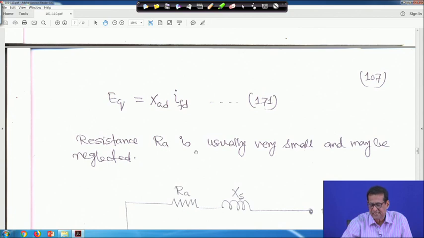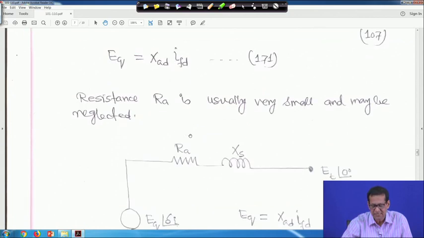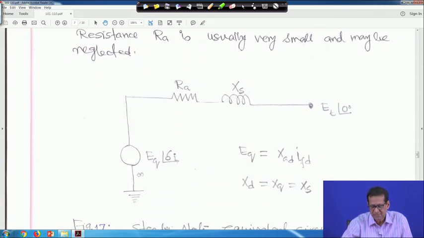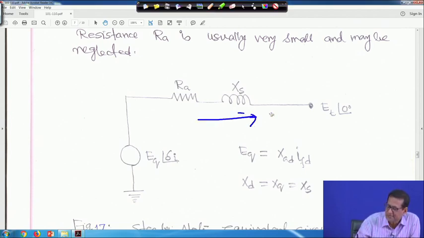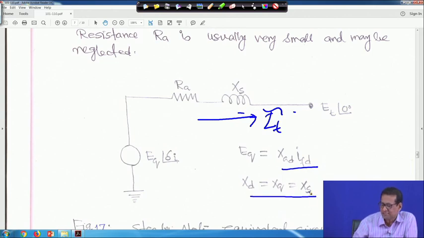Resistance Ra is usually very small and may be neglected. Therefore, we can make this equivalent circuit: this is my Eq angle delta I, this is Ra plus j xs, and this is Et angle 0, with the current It tilde. Eq magnitude is xad Ifd, and xd equals xq equals xs.